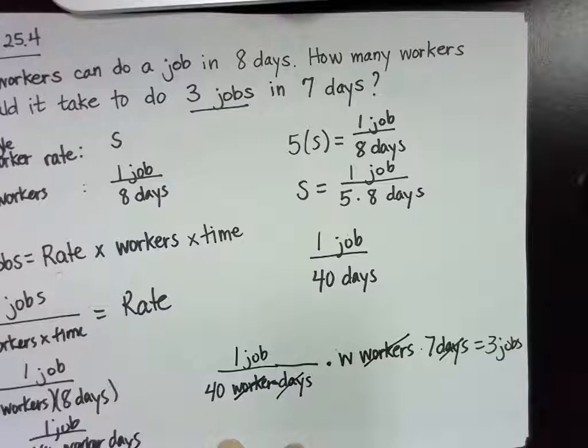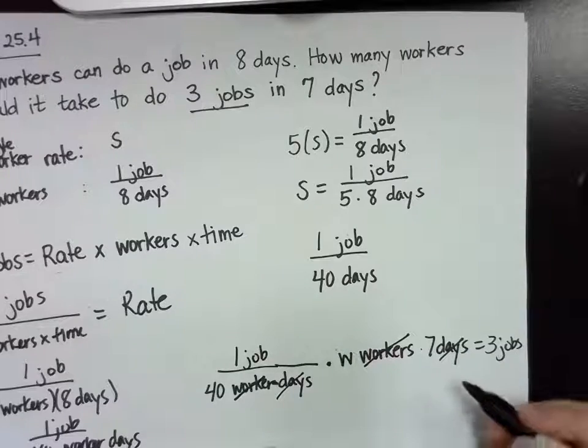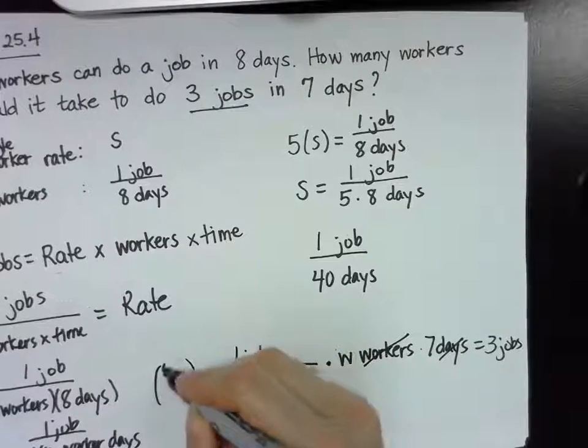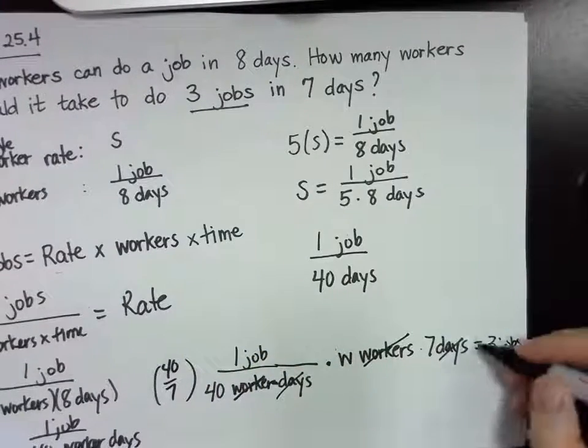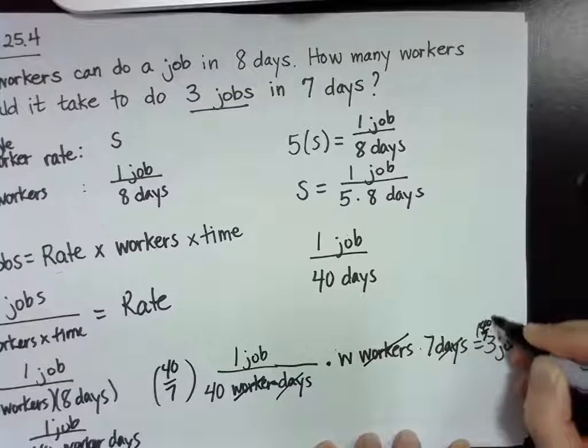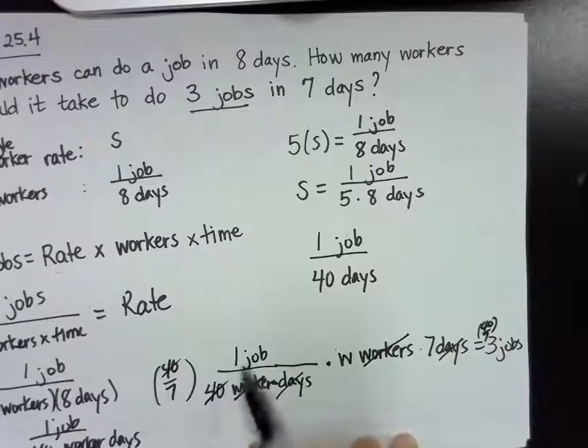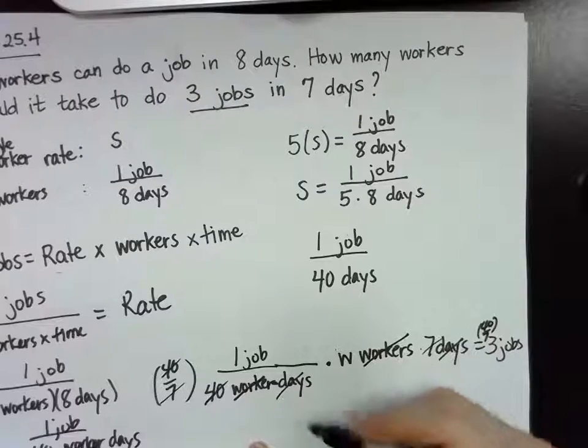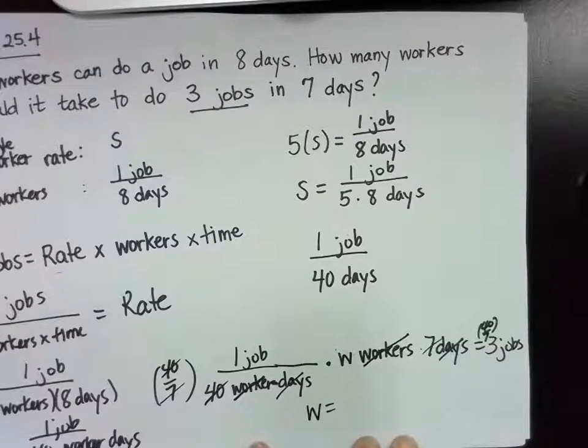Alright, so we can just multiply both sides by 40 over 7. So the 40 cancels with the 40, and the 7 with the 7, and we'll just be left with W. And we have 120 sevenths.